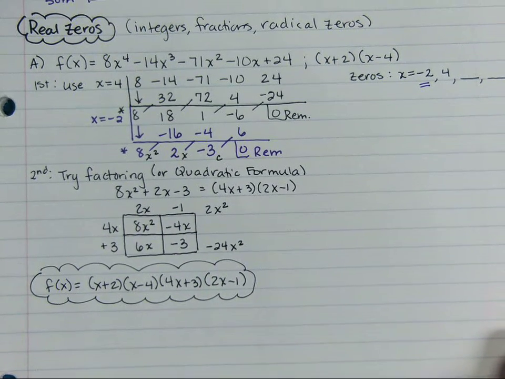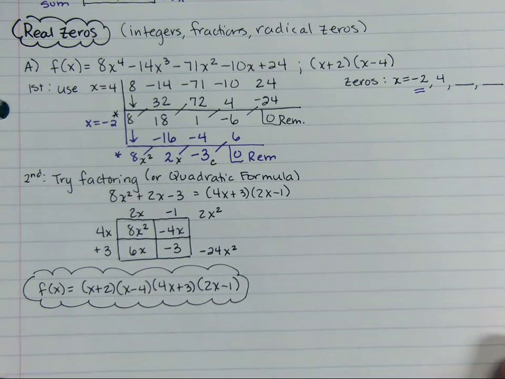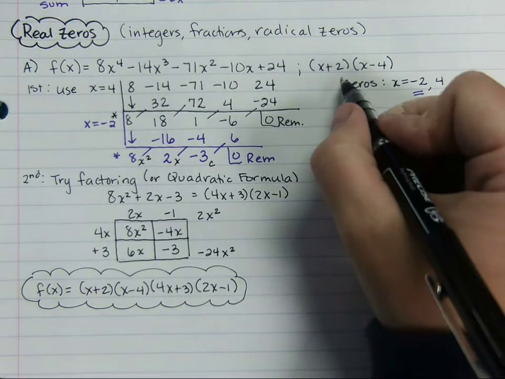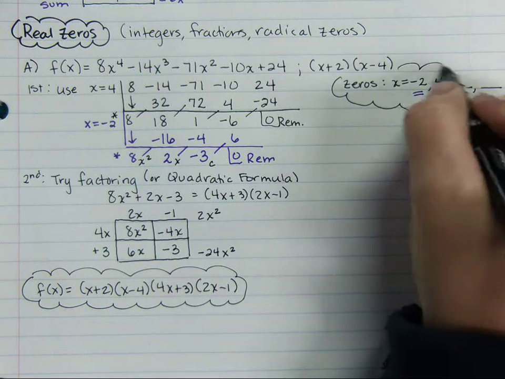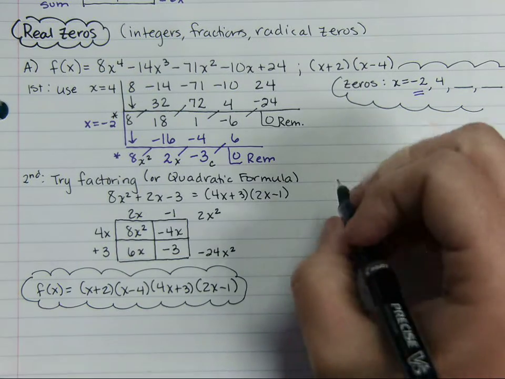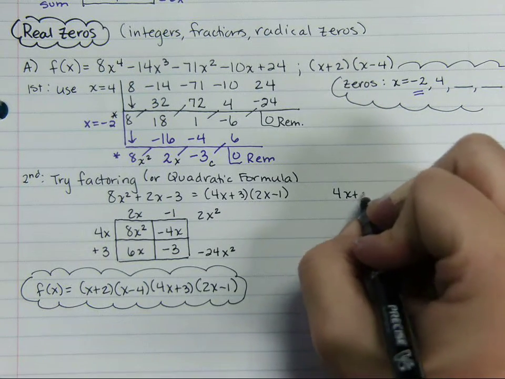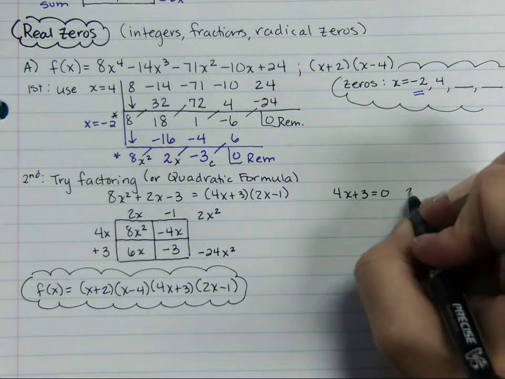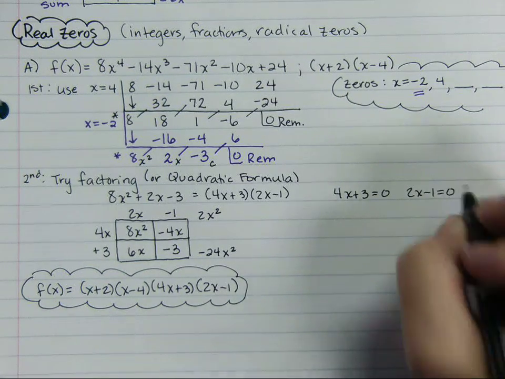But you also have to identify your zeros. And I started my list up here. And so I still have to set these 2 factors I just found equal to 0 and solve. So I still have to figure out when this value is going to be a 0 and this value.